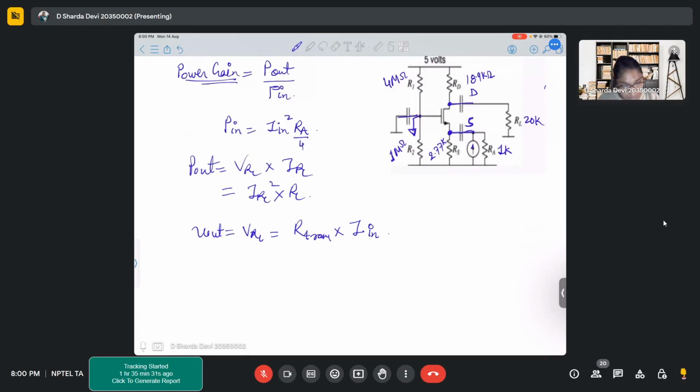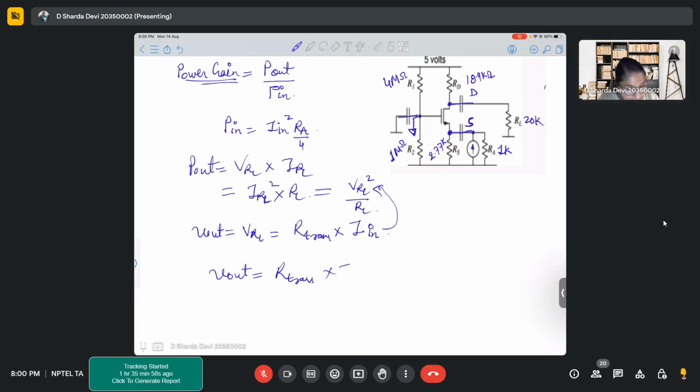So in place of this, let's change IRL into VRL square by RL. In that we can simply substitute this VRL. So V out will be R trans.